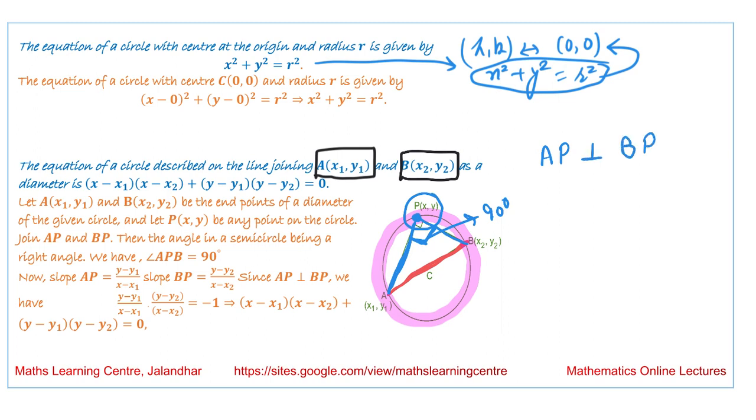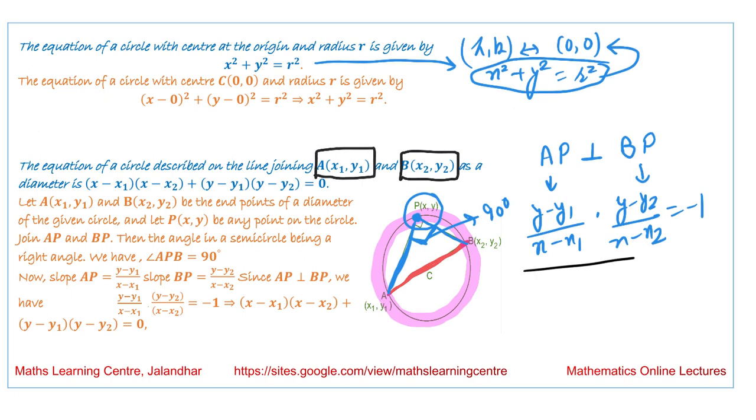If we calculate the slope for both these lines, the slope for AP is (y minus y1) over (x minus x1), and the slope for BP is (y minus y2) over (x minus x2), and we are saying that the product of these two should be equal to minus 1.